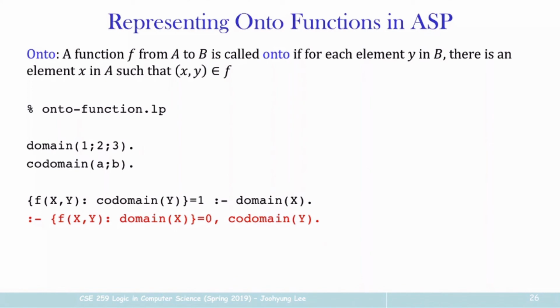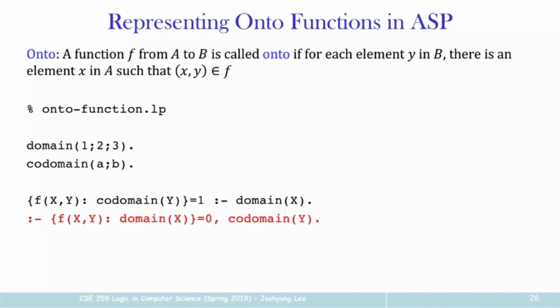For each element y in the codomain, the mapping of x should not be equal to 0, meaning that there should be at least one x that is mapped. If some element of y has no association to x in the domain, then this violates the constraint, meaning that that's not an onto function.